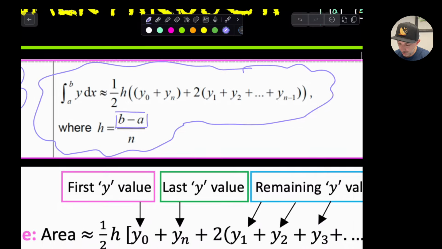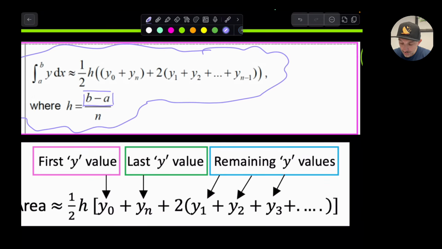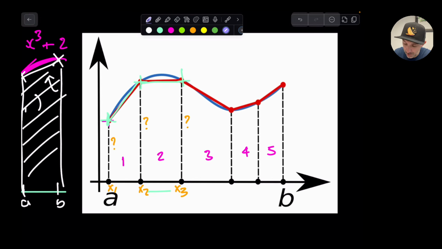So coming back to these y values in the formula, what does each one mean? Well, y0 represents the first value of y, the first value of y that we'll get from our diagram, and yn will be the last value of y. So let's go back to this diagram up here. What would be yn and what would be y0?